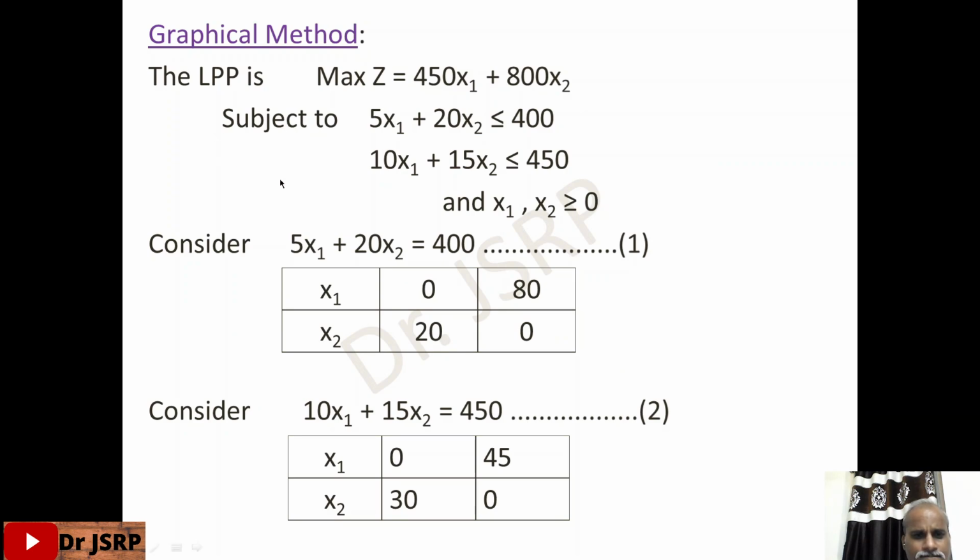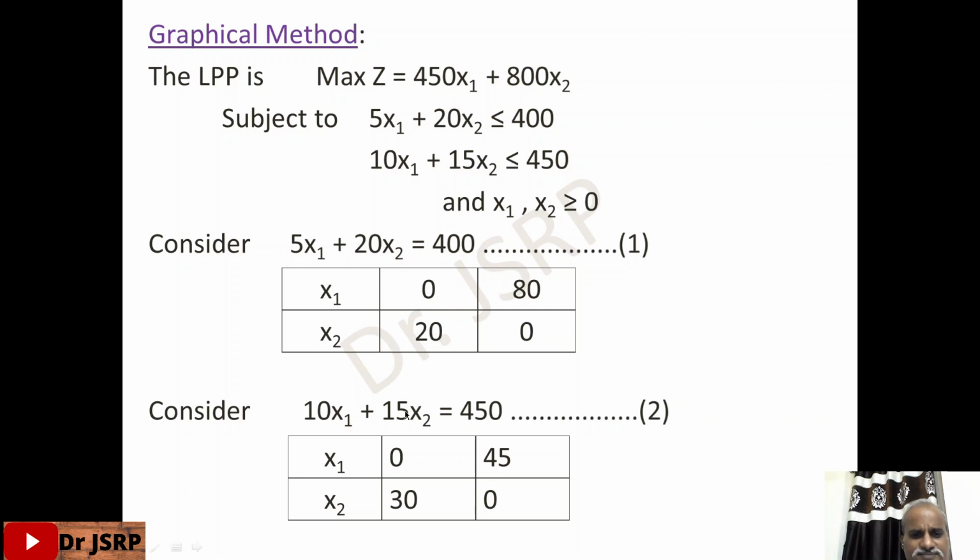Observing the 2 equations, the first equation is 5x1 plus 20x2. The second equation is 10x1 plus 15x2. Here we have 10, here we have 5. So multiply the first equation by 2. You get 10x1 plus 40x2 equal 800.